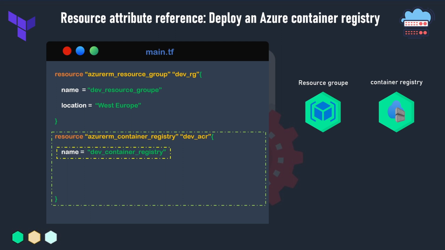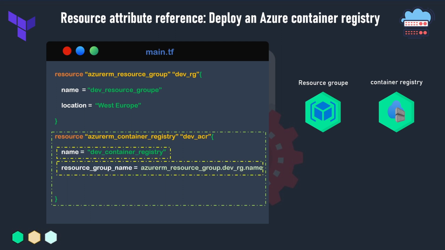Then for the resource_group_name, we will reference the name attribute of the resource group declared previously. And this is what will make the container registry depend on another resource, which is the resource group. And finally, for the location argument, we will set it to West Europe.